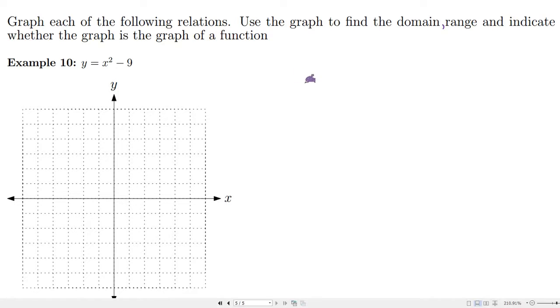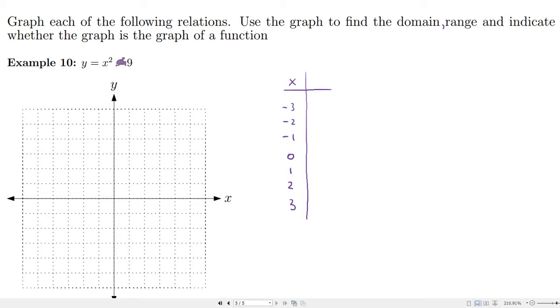Okay, so how do we do that? Well, we just use the same strategy that we've been doing before. We're going to try to figure out a collection of points to plot, and then the relation will be filled in by connecting those points. Okay, so let's go -3, -2, -1, 0, 1, 2, 3.